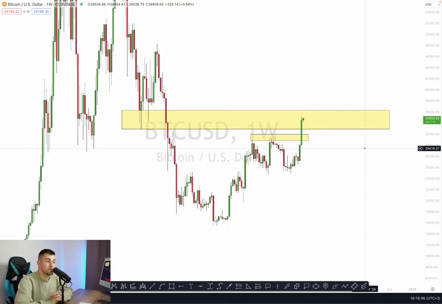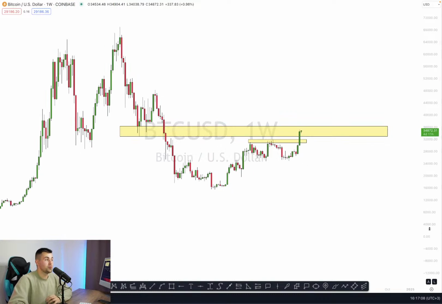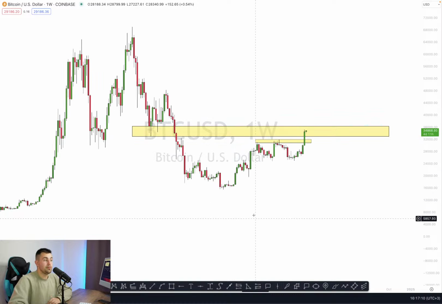And that resistance for now is still respected. So do not be sure that it is already the start of the global bullish market. For now, we have a lot of resistances. Globally, from a weekly time frame perspective, we are still in a bearish trend.